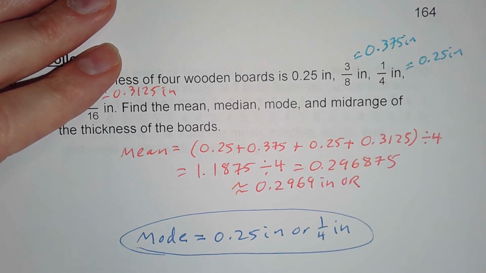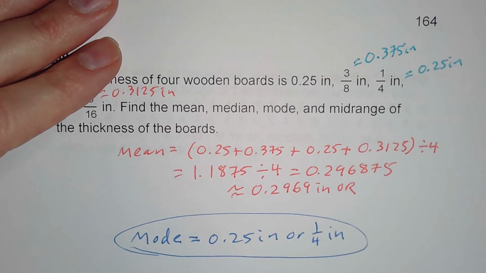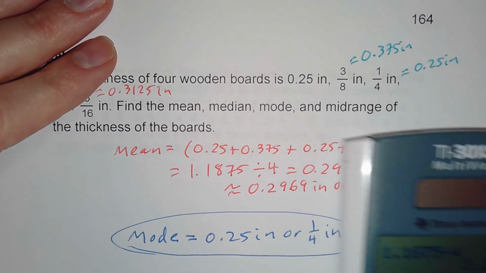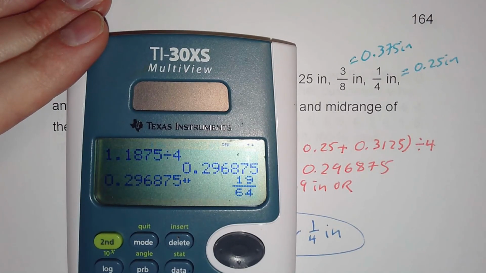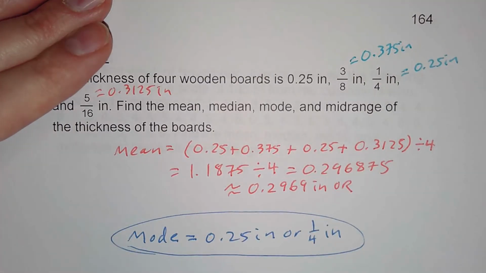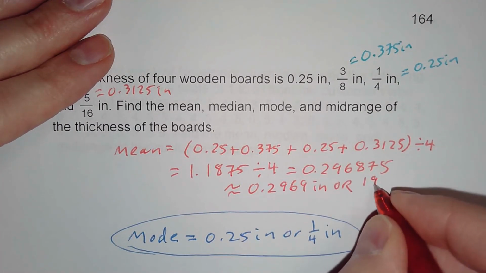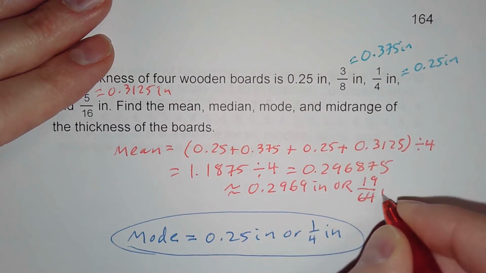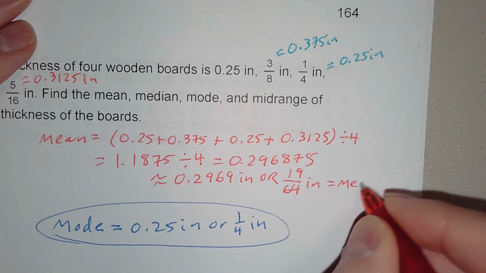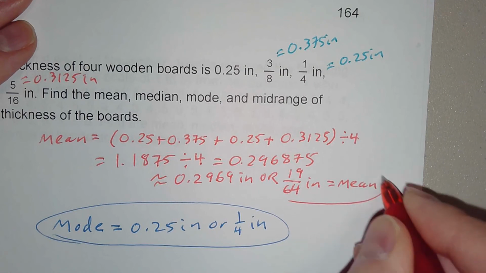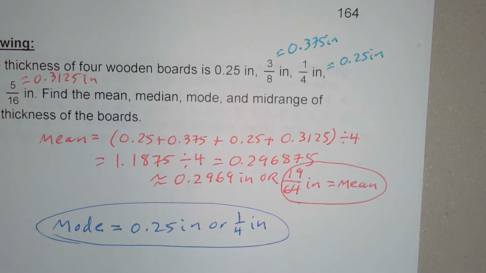Now remember here, if in MyLabs Plus they ask you for a fraction and you get this big long number here, hit your double arrow key and your fraction would be 19/64. Okay, so we've got the mean and we've got the mode.